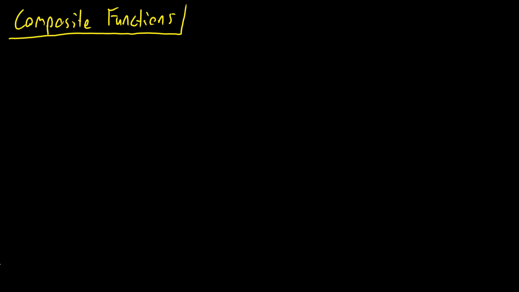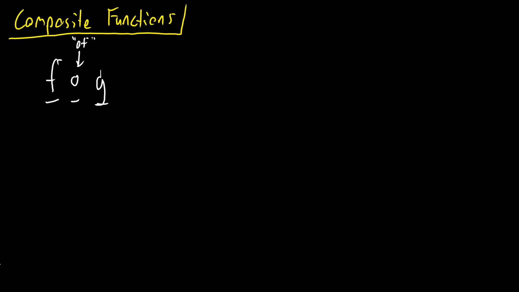So a composite function, in textbooks, is usually written out like this. This is f of g, and this is basically just a notation for "of."